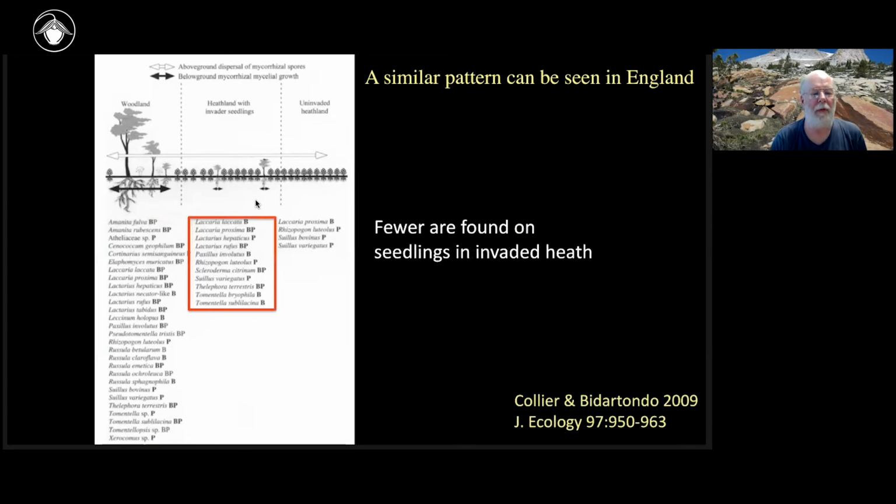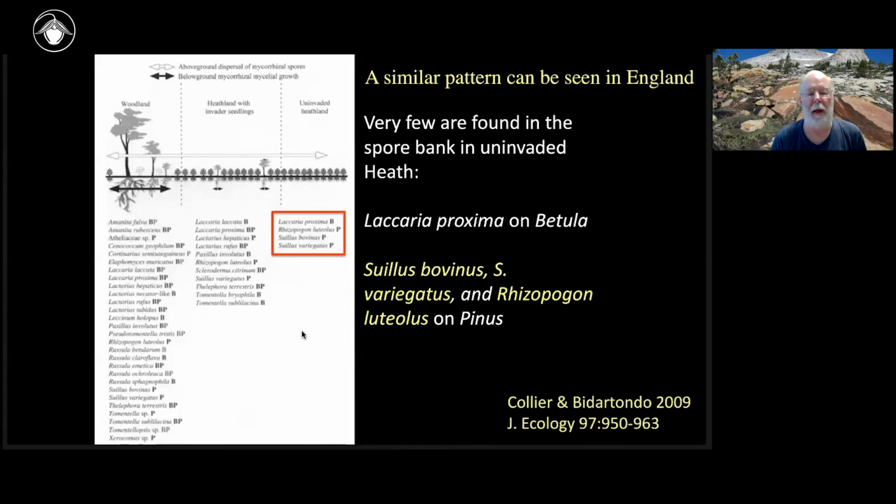When they look at the heath that's being invaded and look at the species on that, that's a much smaller list. And then if they go off in the uninvaded and put seedlings out there and ask what can colonize them, it's a very small list. And that list for pine is basically Suillus and Rhizopogon, especially Suillus.